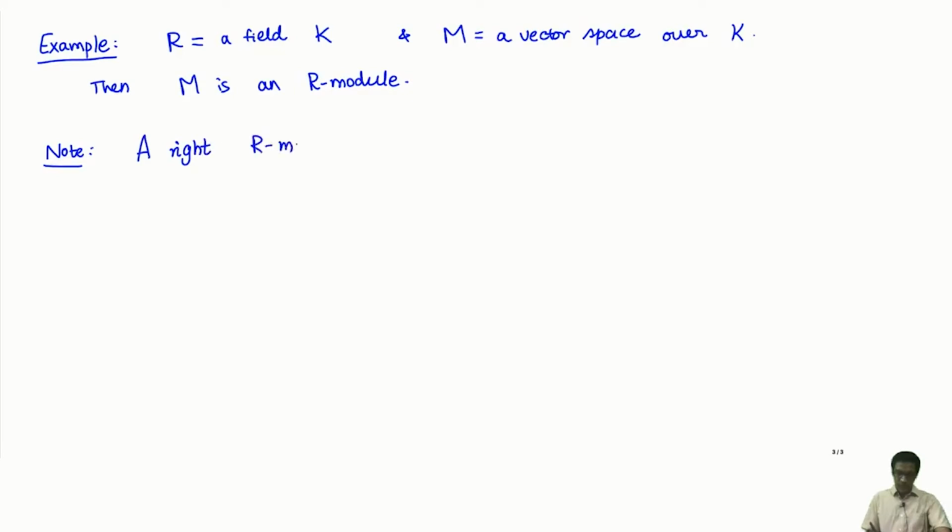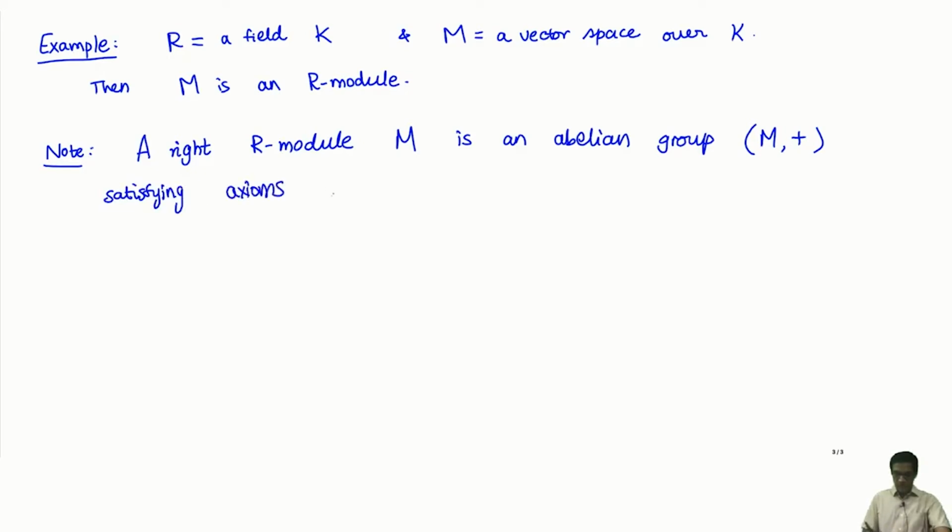A right R module M is again an abelian group, with a plus operation, satisfying almost the same axioms as before: axioms 1, 2, 4, but not 3. Instead of 3 we have an axiom which is called 3 prime.